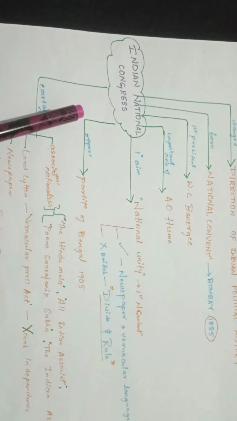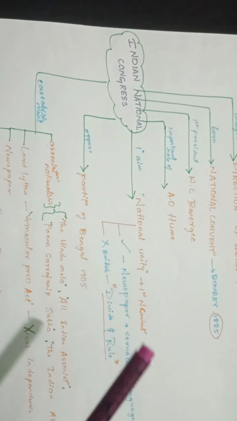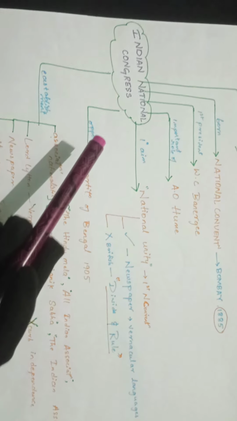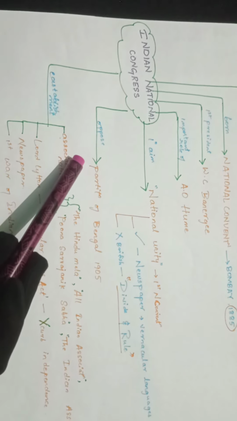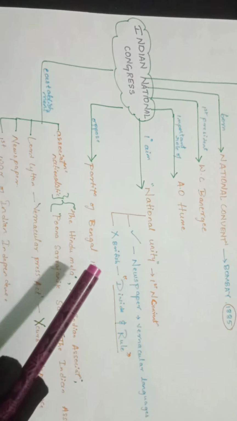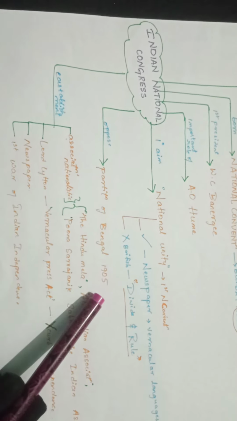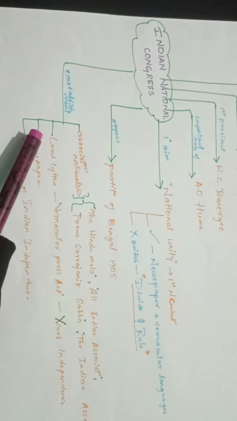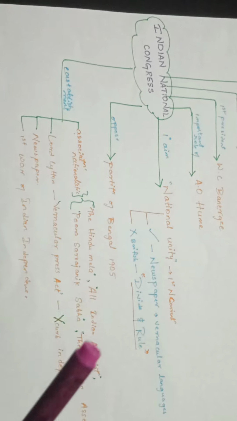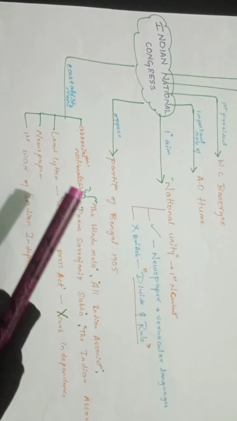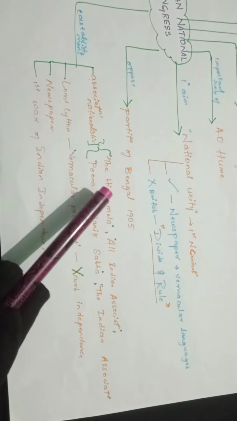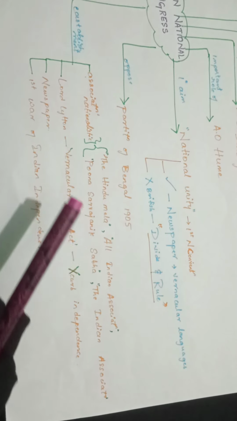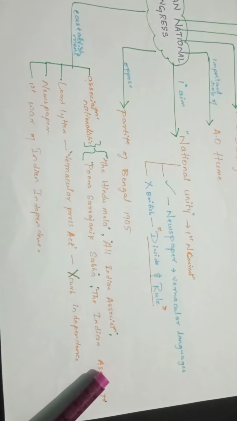In another paragraph, on another page of NCERT, it is mentioned that the Indian National Congress opposed the partition of Bengal in 1905. And why did this establishment take place? Across the country there were many nationalistic associations, like the Hindu Mela, All India Association, Pune Sarvajanik Sabha, and others.